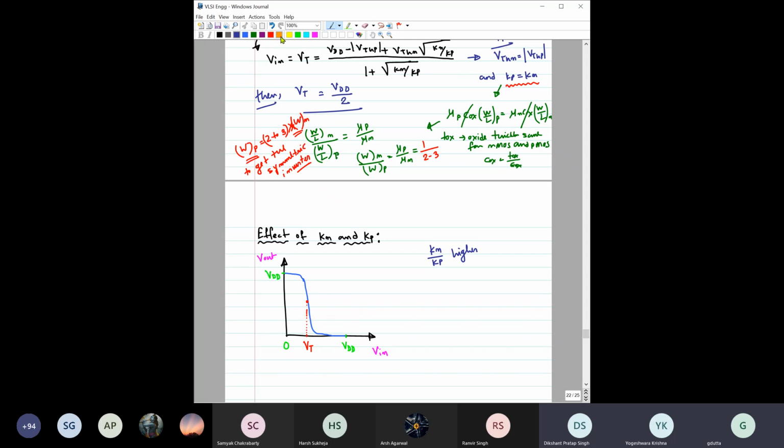Anyone else would like to try as well? Sir, in the above equation which you have written, Vn is equal to Vt.